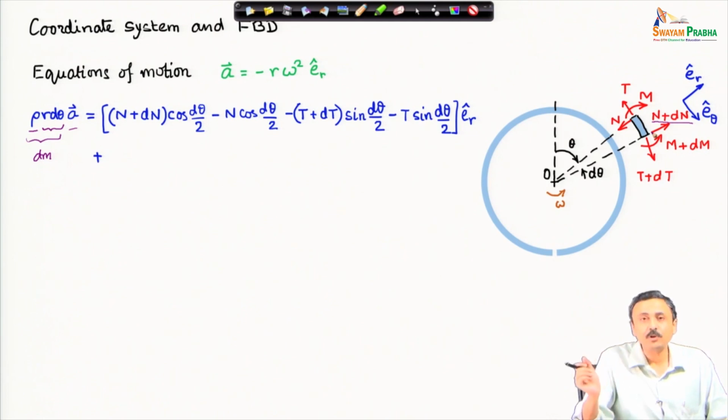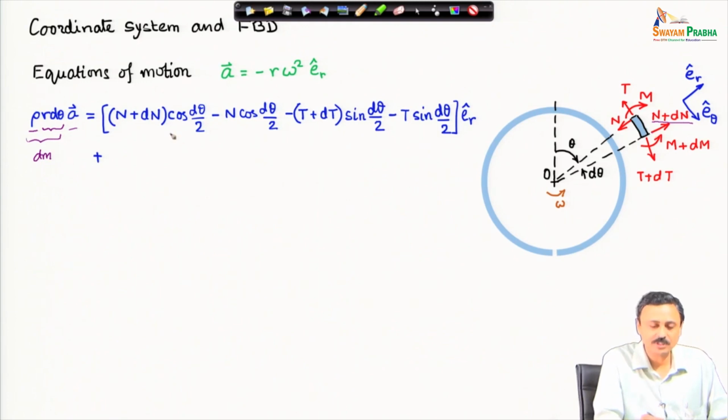Therefore, this shear force will have a component in the e_r cap direction, and cosine d theta by 2 will measure that component. So (N plus dN) cosine d theta by 2 is the component of N plus dN in the e_r cap direction.